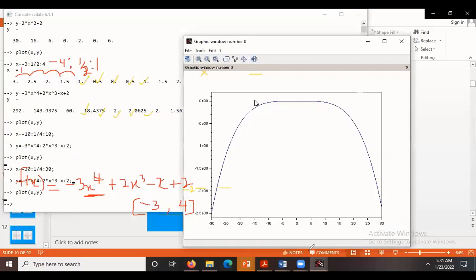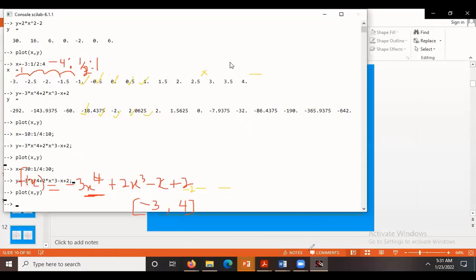Now let's try another graph. Let me go to my slide and see if we can get a very nice function. Let's get a polynomial function. So we have a function like this one, x cubed.